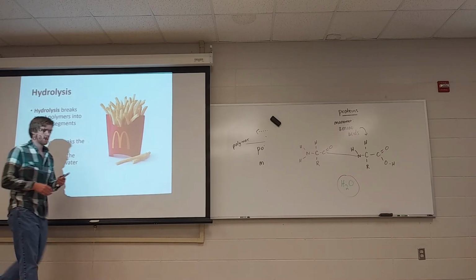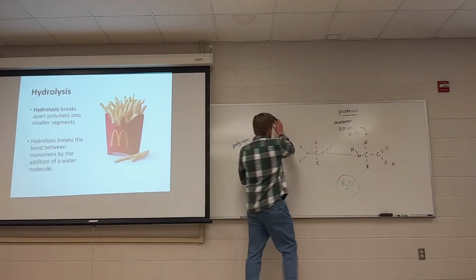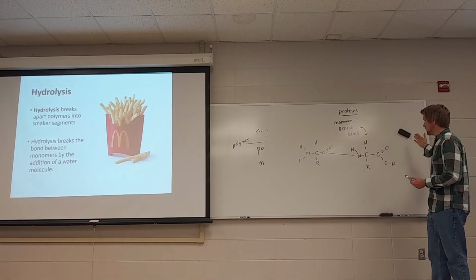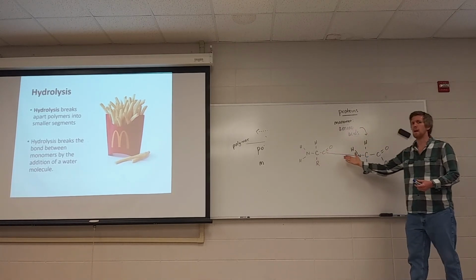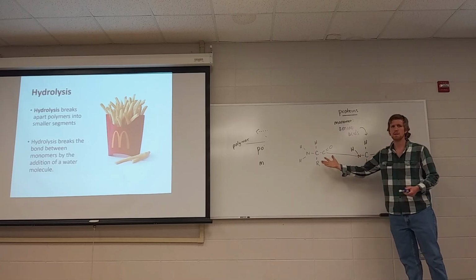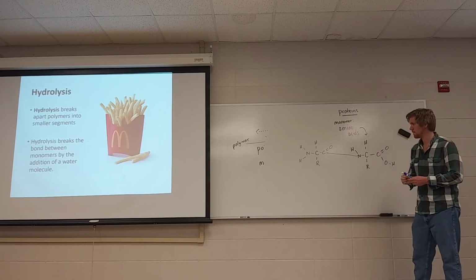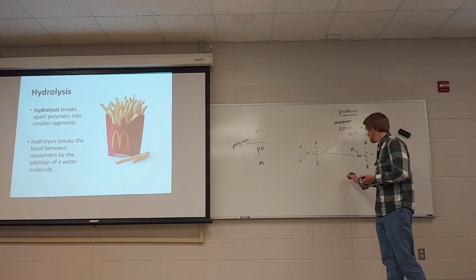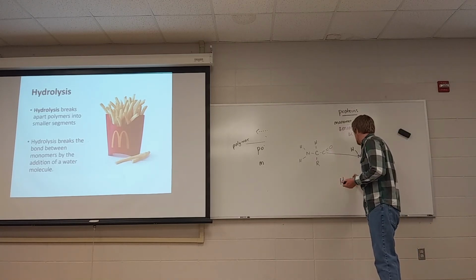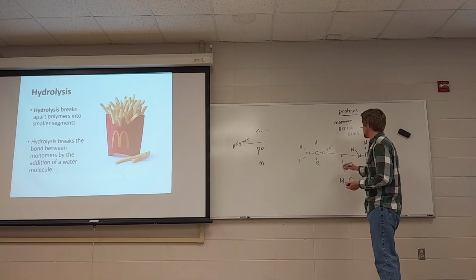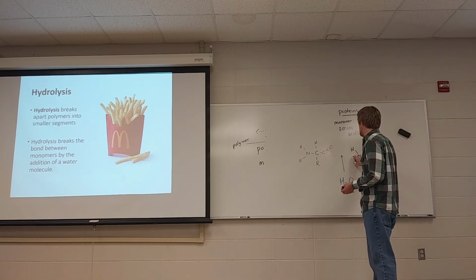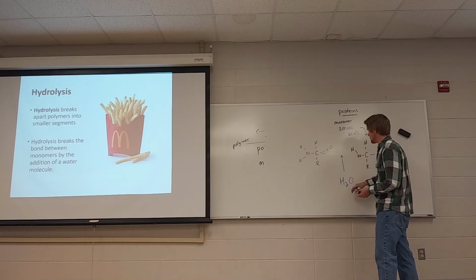of the dehydration reaction. So let's say that you've eaten General Tso's chicken, and this is part of that long chain of amino acids that makes up the chicken's protein. Your body is going to perform hydrolysis by the addition of a water molecule, which is used to break apart the bond between the two neighboring amino acids.